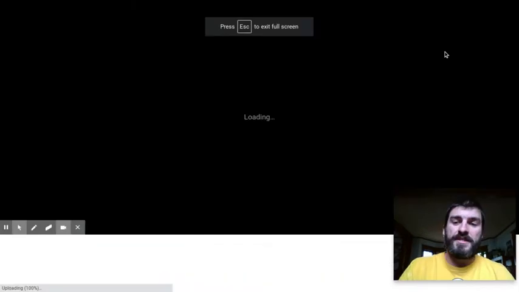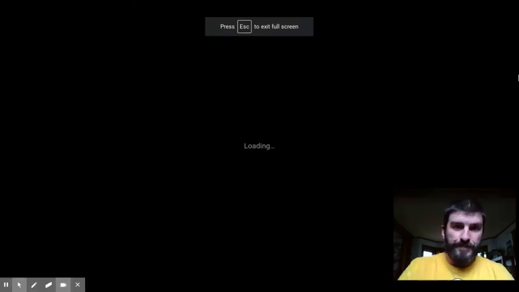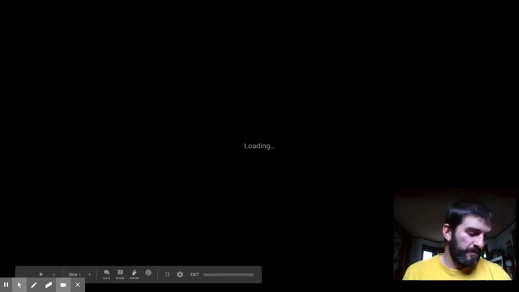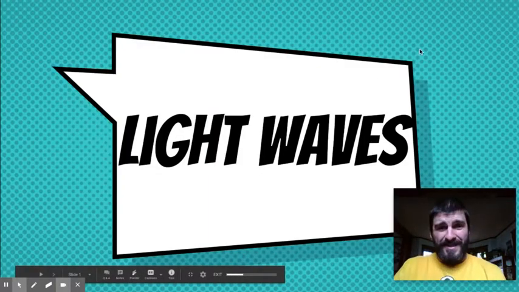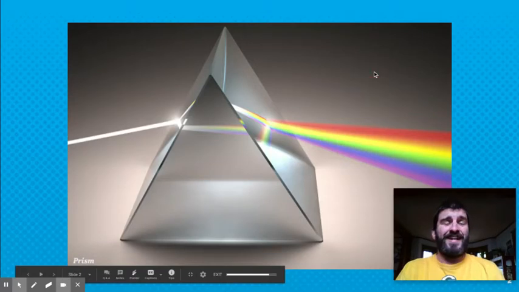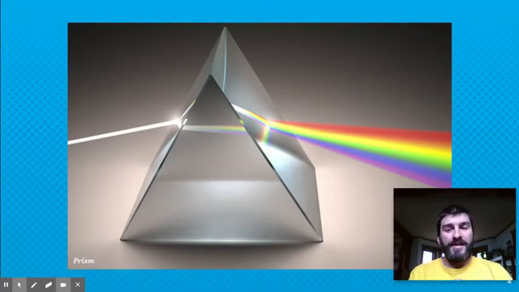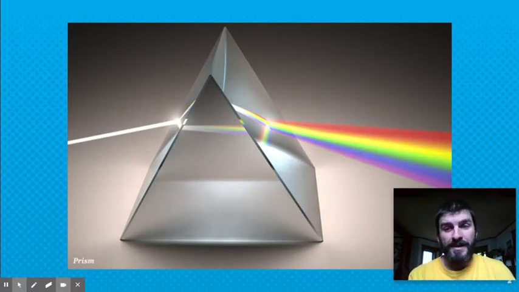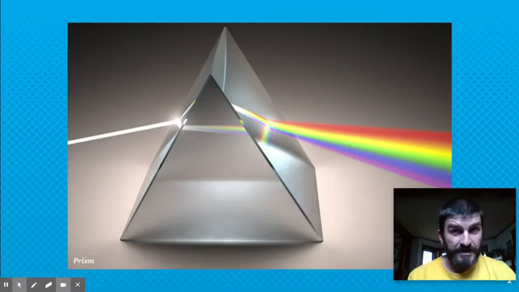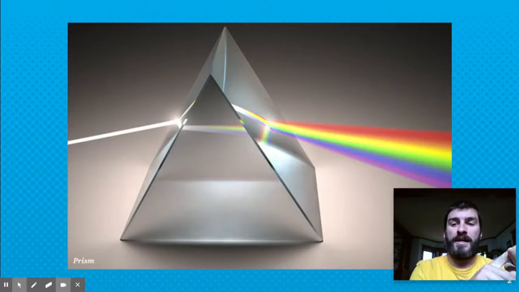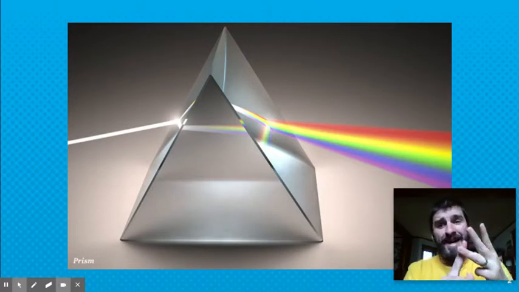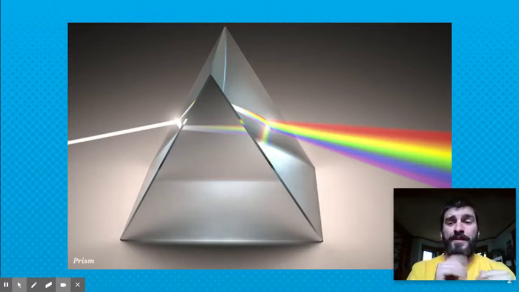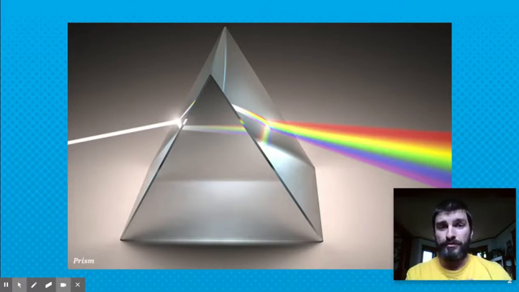With this light wave, there are a few things that change between a mechanical wave and a light wave. A mechanical wave requires a medium, which I hope you've figured out. A medium is a material like a solid, liquid, or gas that a mechanical wave has to travel through to move.